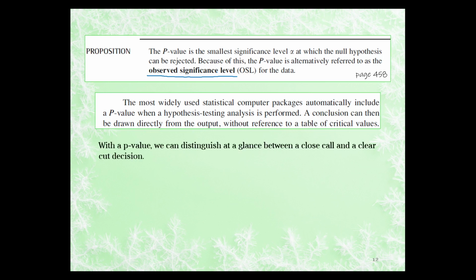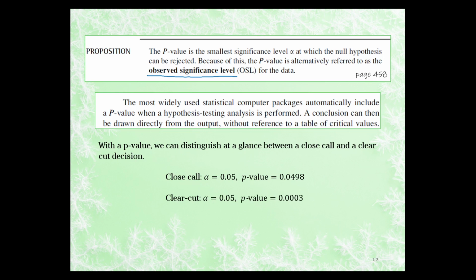With a p-value, like I said, you can just glance at it and see whether it's a close call or whether it's a clear-cut decision. By close call, I mean something like this, where we have alpha 0.05 and our p-value is quite close to alpha. You can see that the test statistic is literally just creeping into the rejection region.